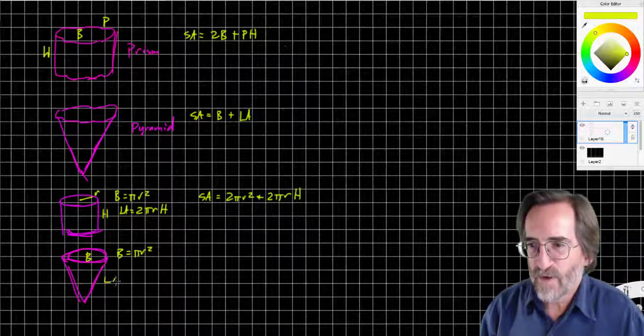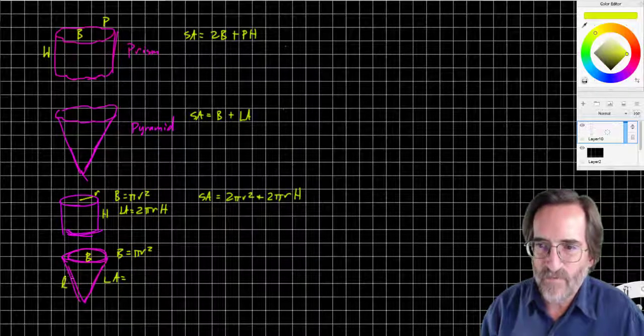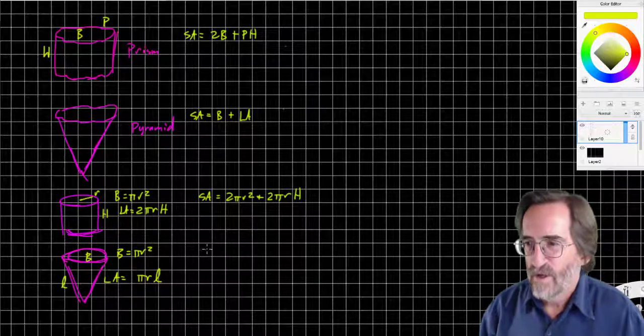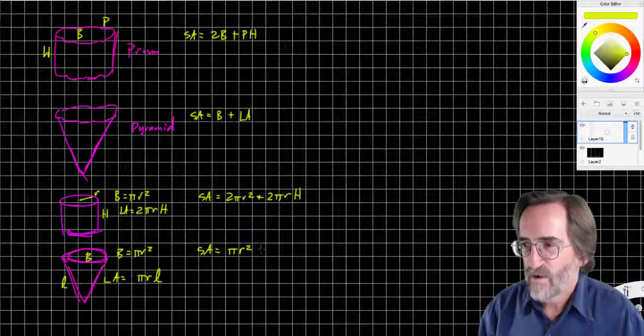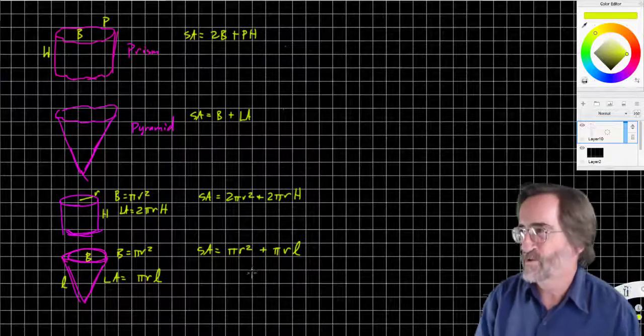And then the lateral area, if this is the slant height, we'll call it L, the slant height, is pi r L. So the surface area of a cone is pi r squared plus pi r L. Okay, and let's work through a couple of examples here.